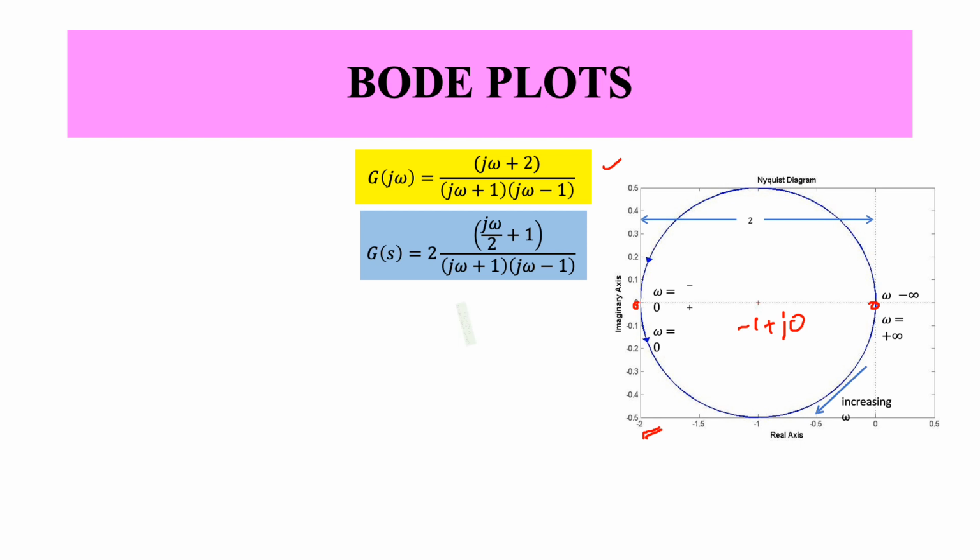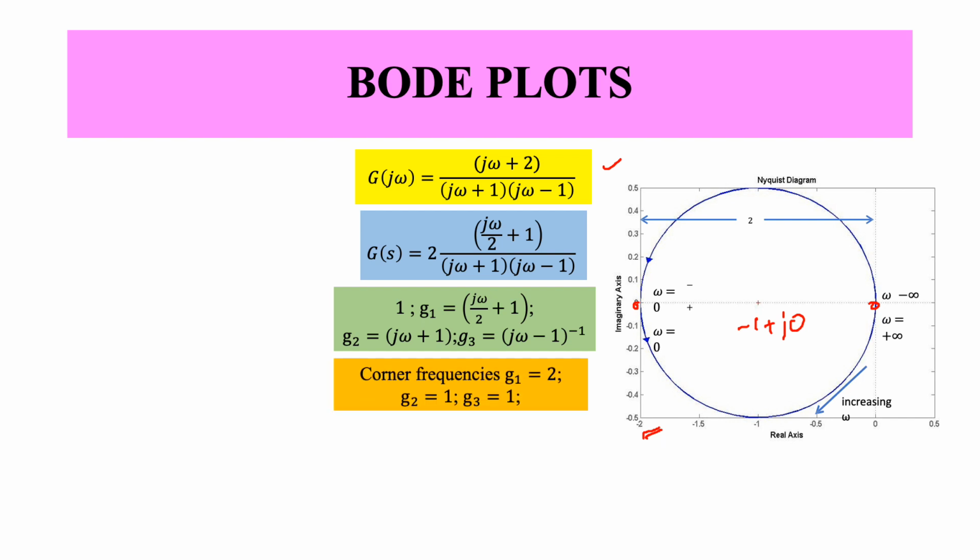Then the corner frequency will be 1. These are the 4 terms in the transfer function. So the corner frequencies are 2, 1, 1, for omega equals 1 by T.